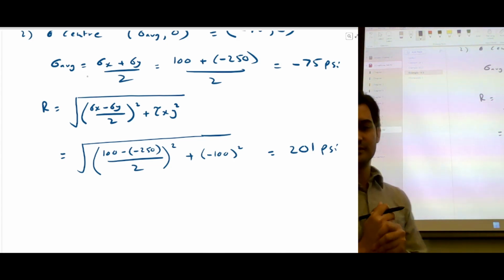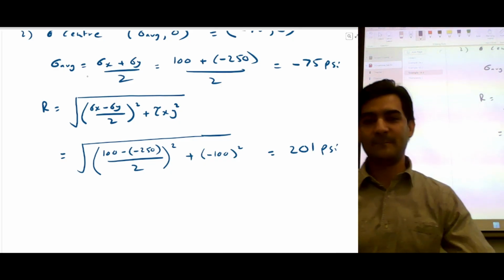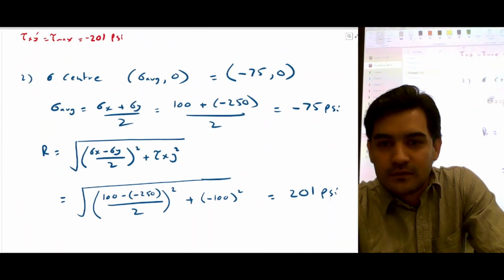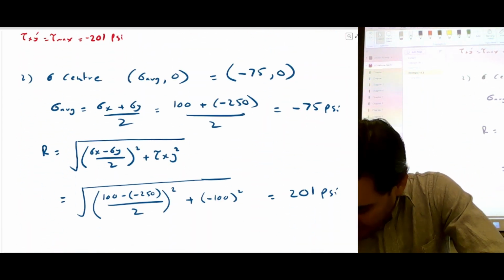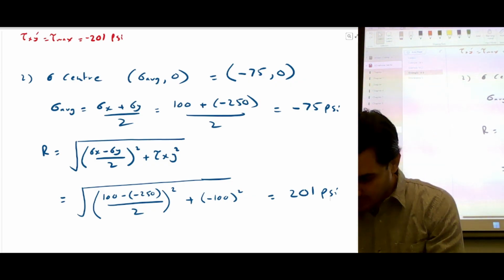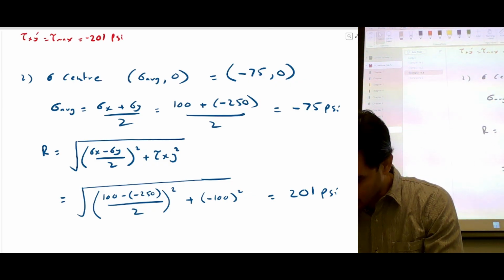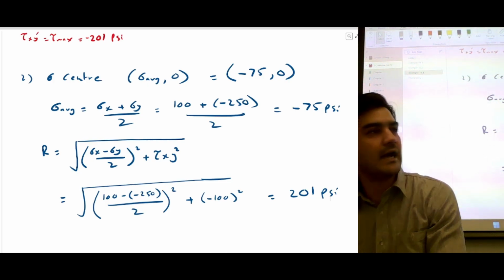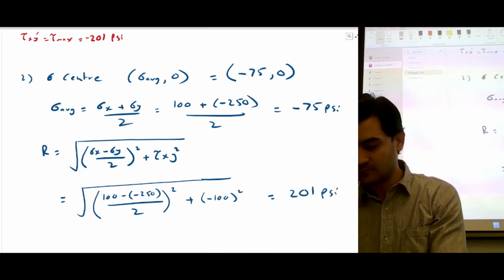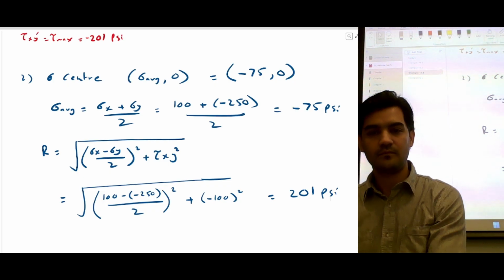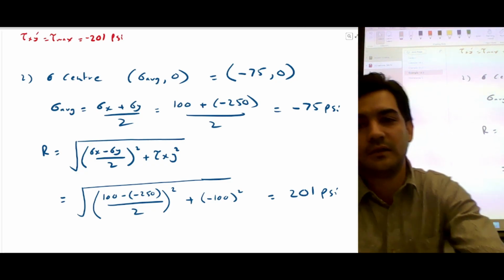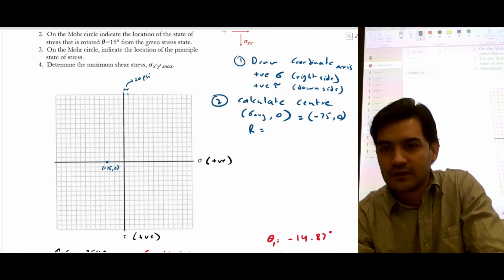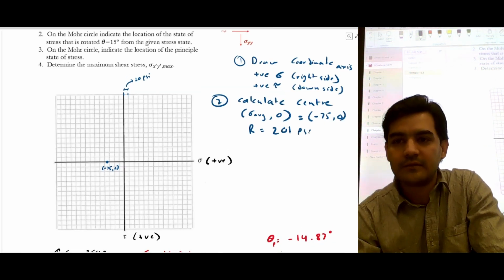Yeah, so the formula for maximum shear stress is exactly the radius. So now we have 201 psi.